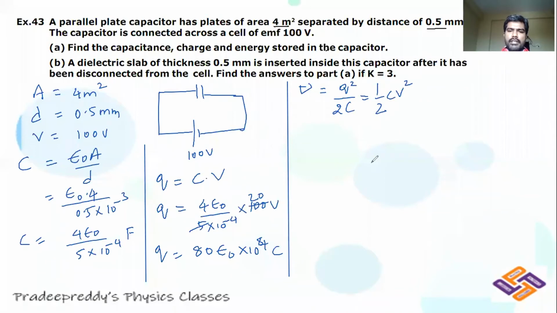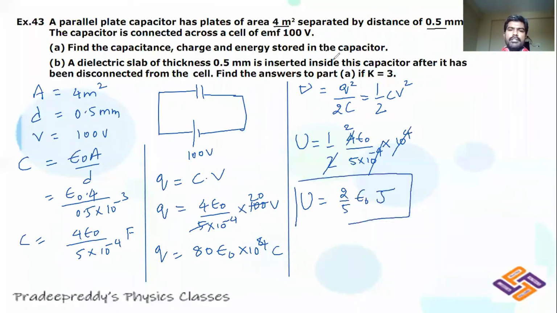So potential energy U will be equal to half into, what is C given, 4 epsilon naught divided by 5 into 10 power minus 4 into V square. V is 100, so 10 power 4. This 10 power 4 and 10 power 4 get cancelled, and this is 2. U will be equal to 2 by 5 epsilon naught joule.